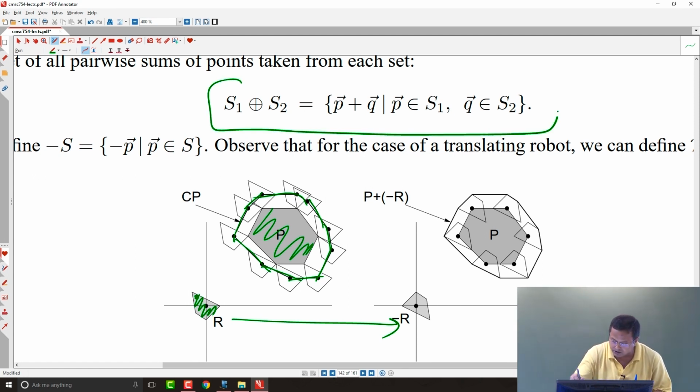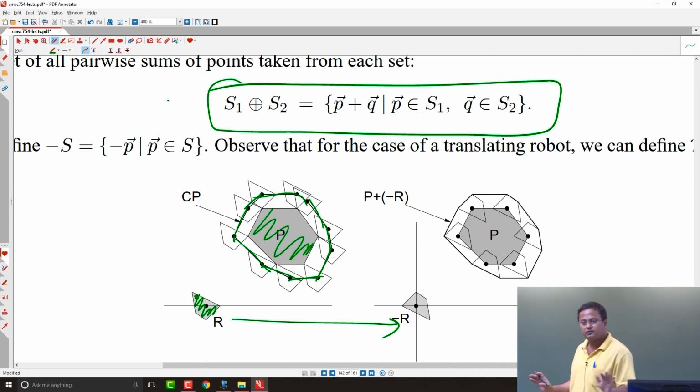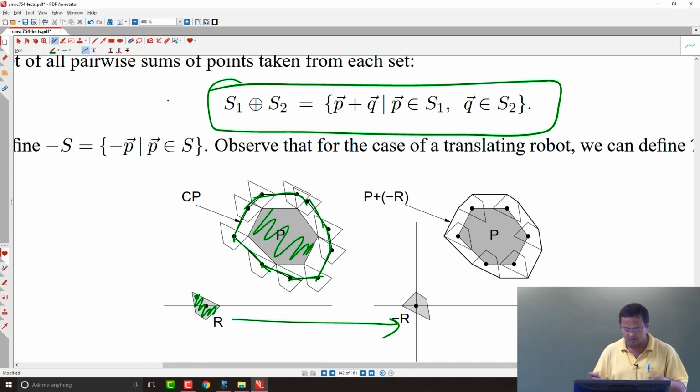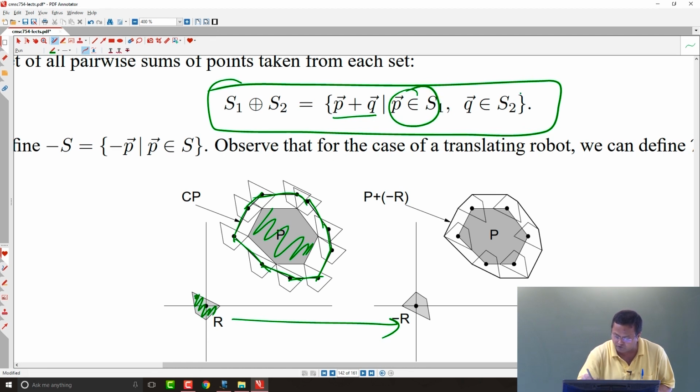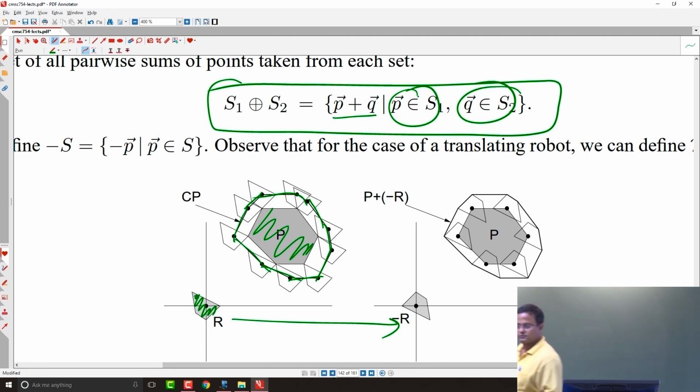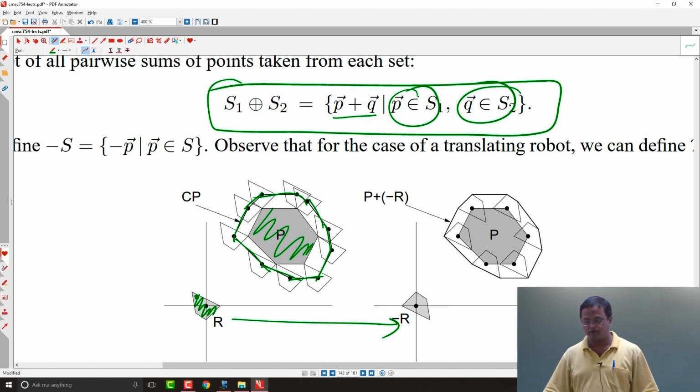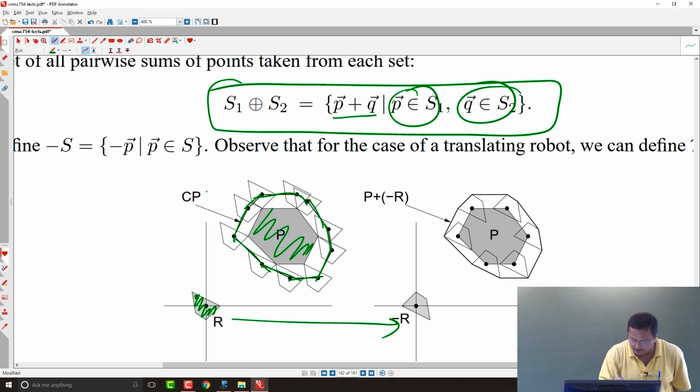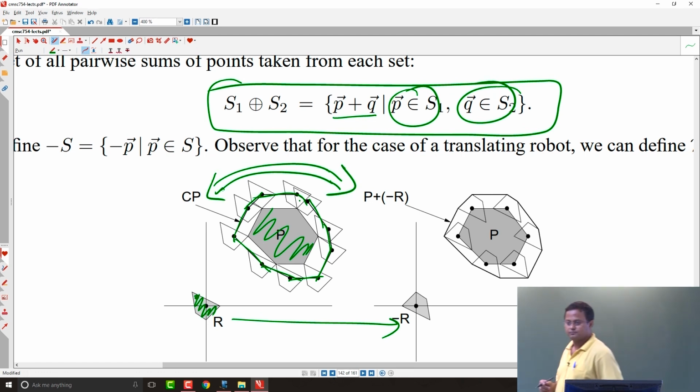Now, apply this Minkowski sum. How is it defined? You talk in terms of sets, right. Set is now this shape for you, you can think of them as vectors also. So, you take two vectors, one from this shape, one from this shape, do a vector addition, right, for all pairs. Now, one can show that this Cp is basically equal to this, geometrically if you think it holds, but you can even write an algebraic proof of it.